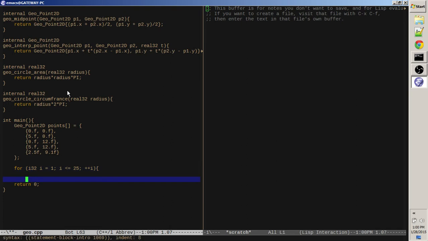The i is going to become the radius, and I don't really care about a radius of 0. That's a boring test to me. But then, real32 area equals geo circle area. The radius will be i divided by 5.f. That way we're going from 1/5 to 5 as our radius.